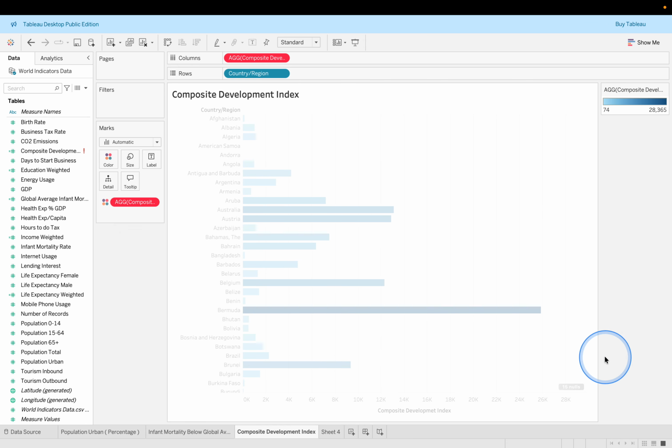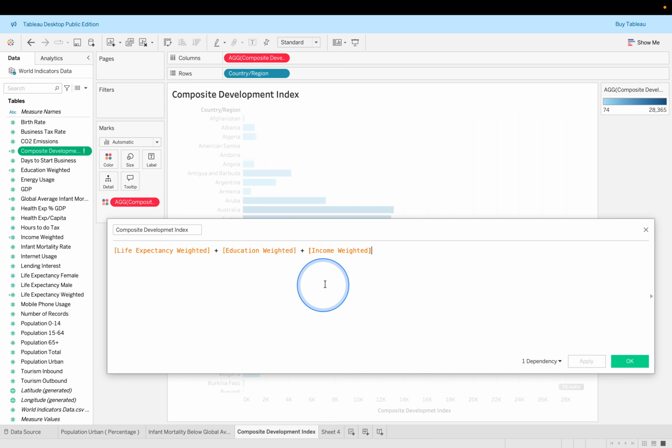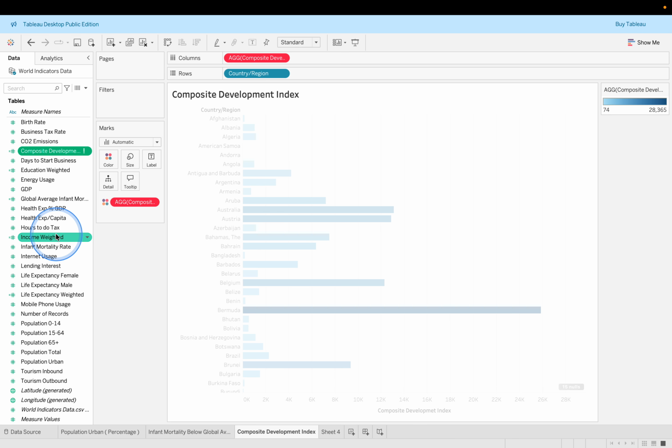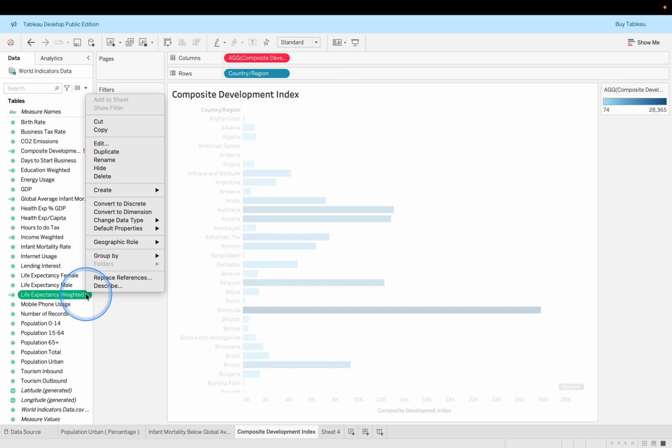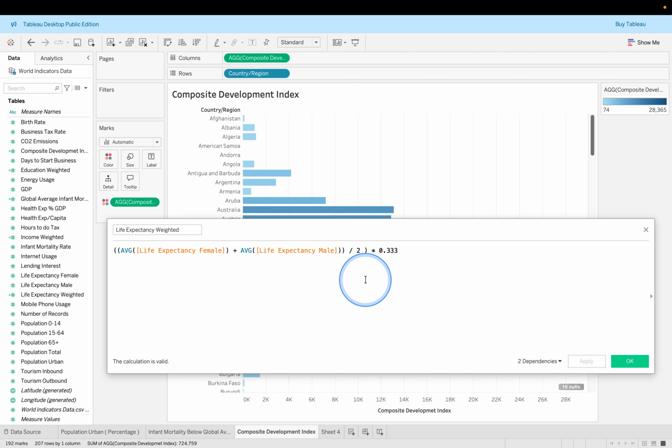We can now see our composite development index giving us an error. It's telling us we cannot mix aggregate and non-aggregate arguments in the function. Because our life expectancy weighted was not aggregated, that's why I had the error message. Now if we aggregate it and apply it, everything is balanced.